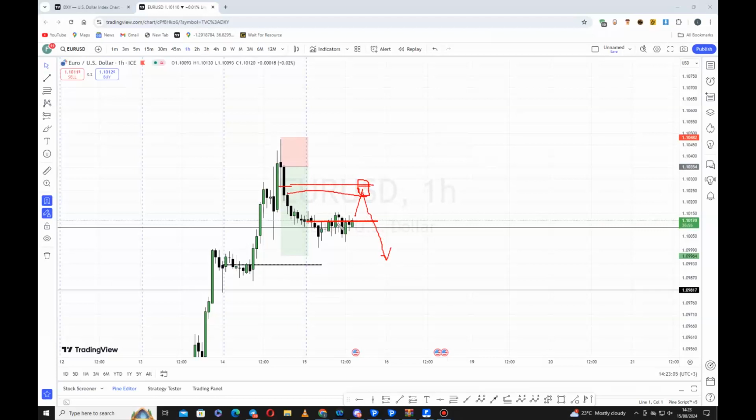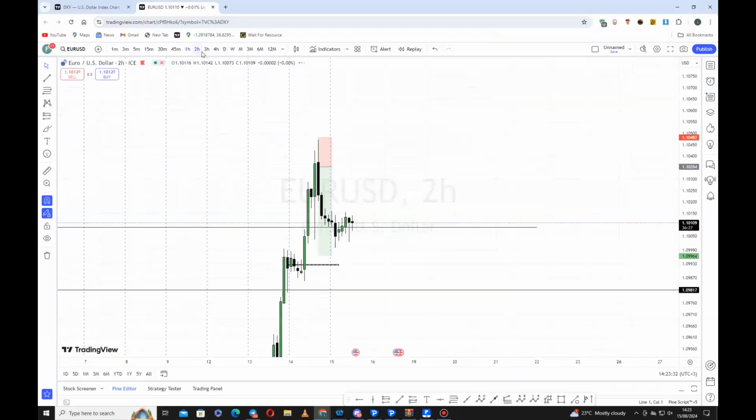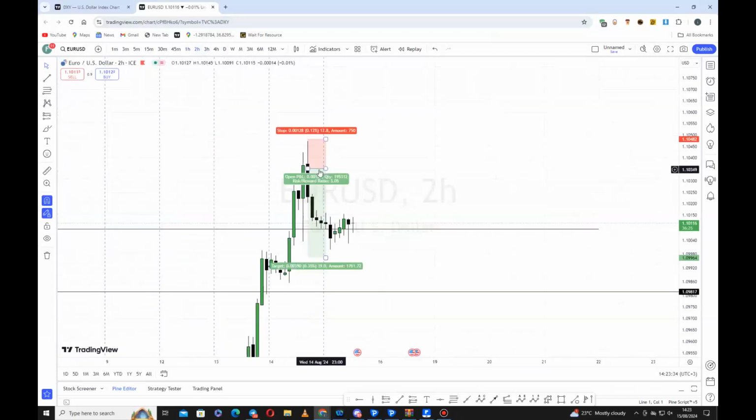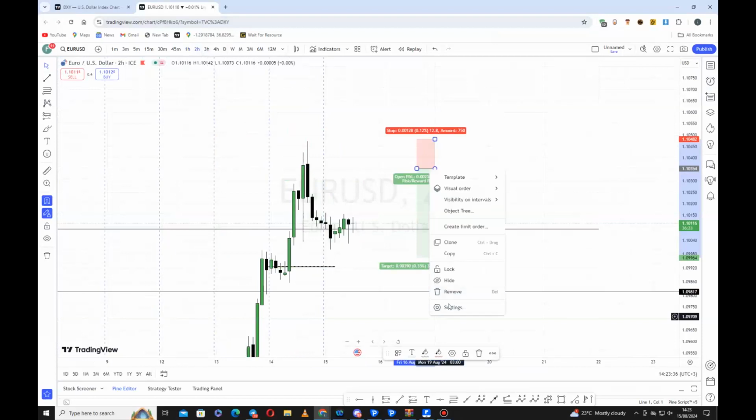Also my rule is always that I need to be above the open if I'm looking for sells, or below the open if I'm looking for buys. If I was targeting this, probably maybe these lows as a day trading setup. So it won't be bad for us to wait and see what the outcome could be. So if you scroll to the 2 hour, let me remove this.